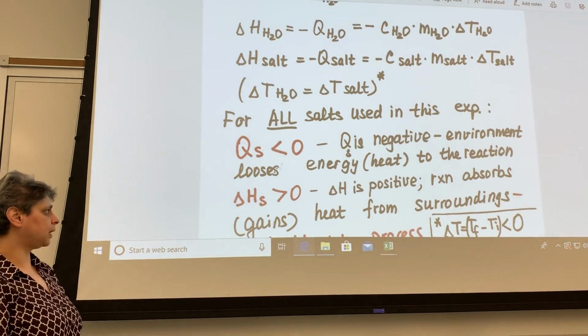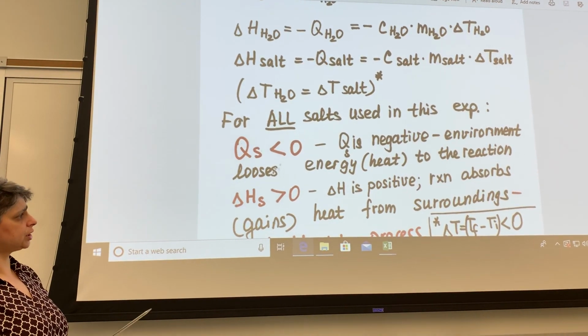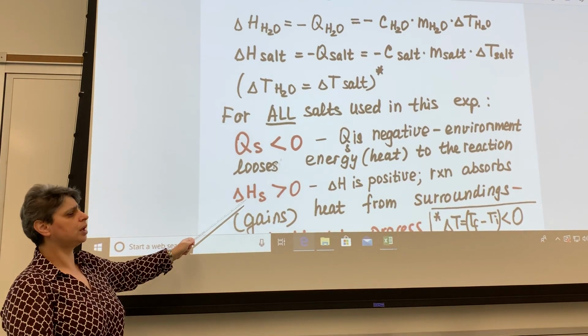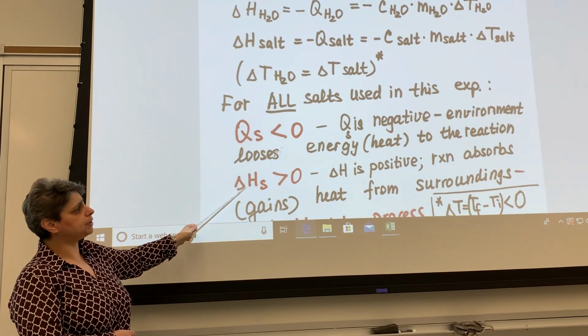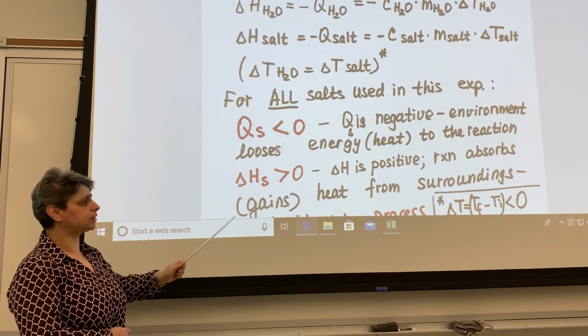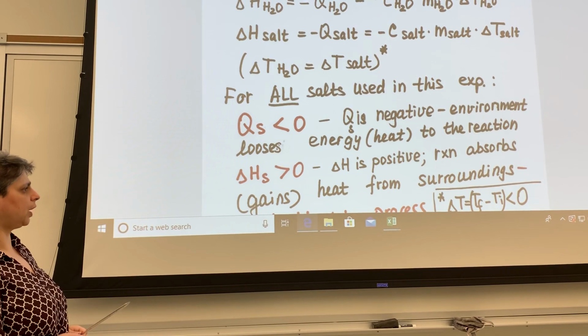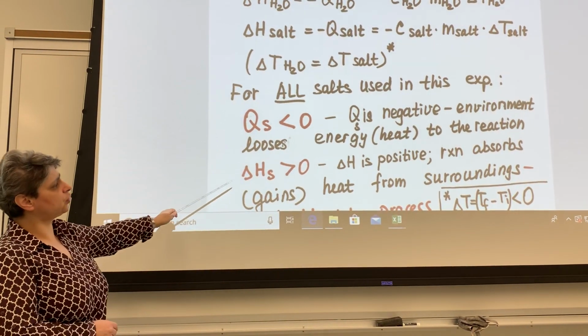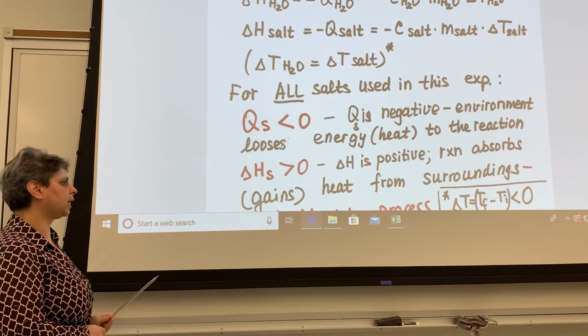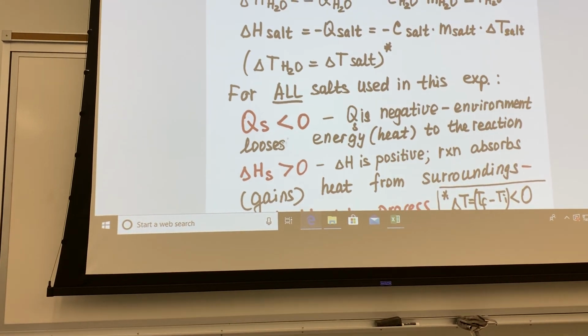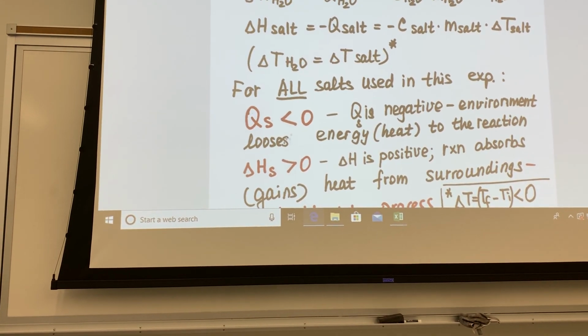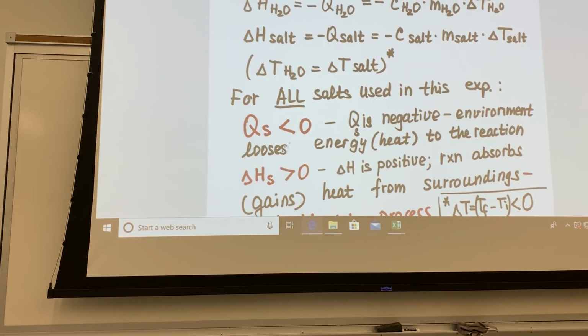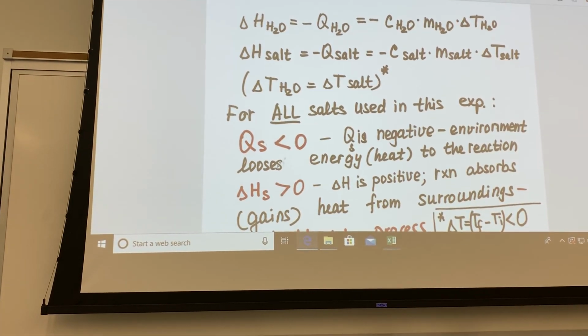So when enthalpy change of a reaction is positive, it means that the reaction needs to obtain or absorb heat from the surroundings, from the environment. This type of reaction, of course, is referred to as endothermic. So we're expecting salts to dissolve endothermically, although it's not necessarily always the case.